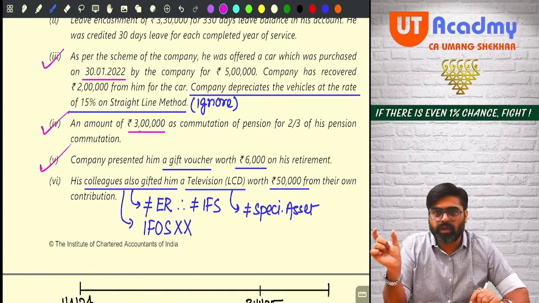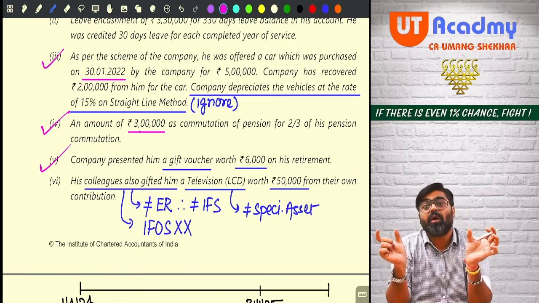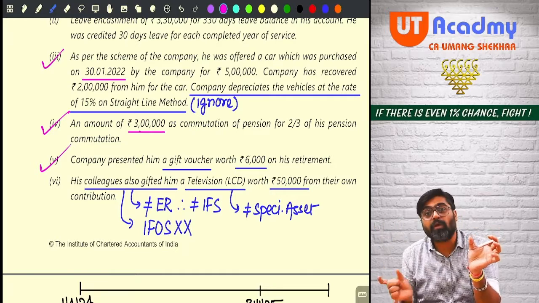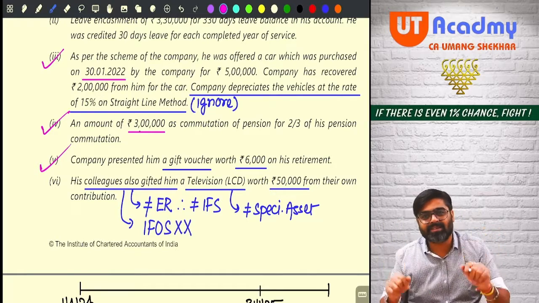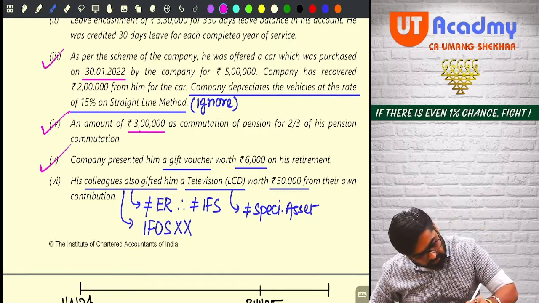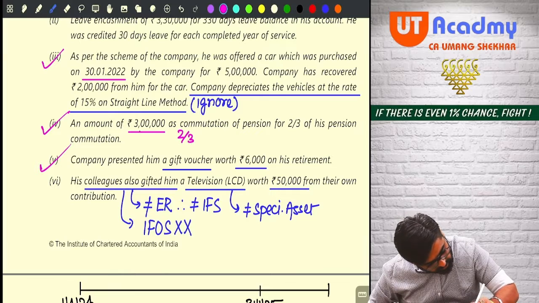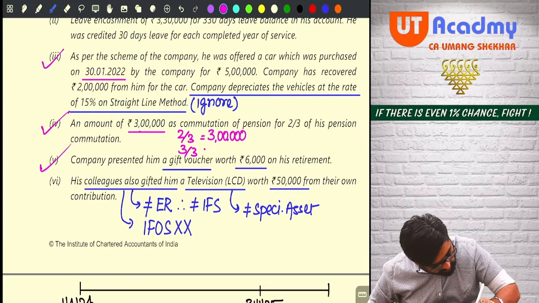Yes, if 2/3 is commuted and 3 lakh is received, what if the 3/3, meaning full, was commuted? Cross multiplication. If 2/3 was commuted and you are getting 3 lakhs, what if the full, meaning 3/3, was commuted? How much pension would you have received?